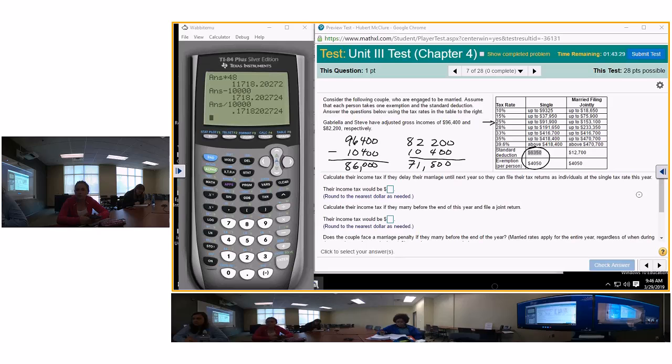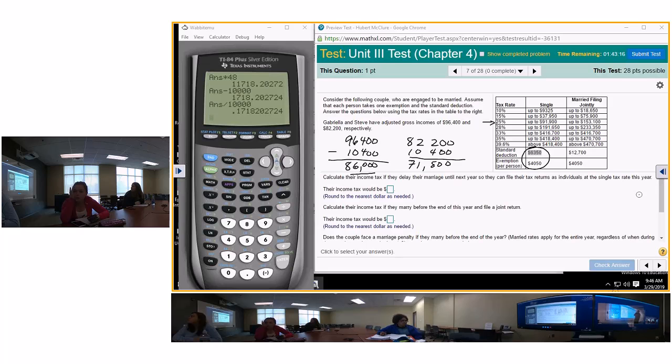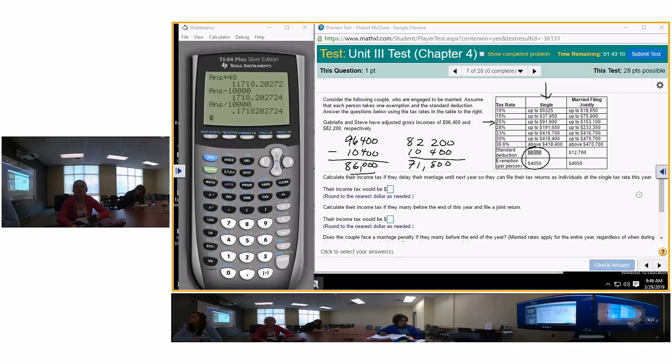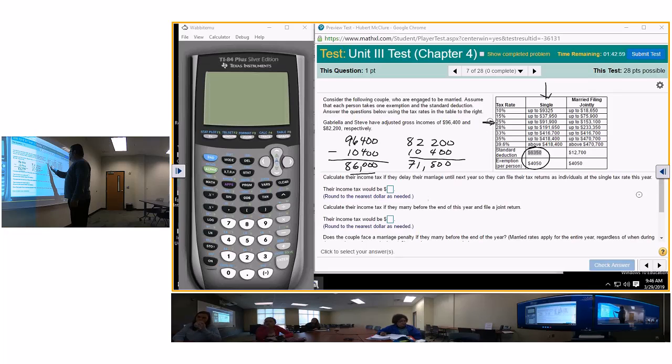Is it just what number they're both under? Okay, what is this one? 86,000, right? Where is 86,000? Okay, we're just looking at the single right now? Yeah, because that's what they're asking. So it's under 91,000, but it's above 37,950. There you go. Up to 91,000. So both of them fall in the 25% bracket.